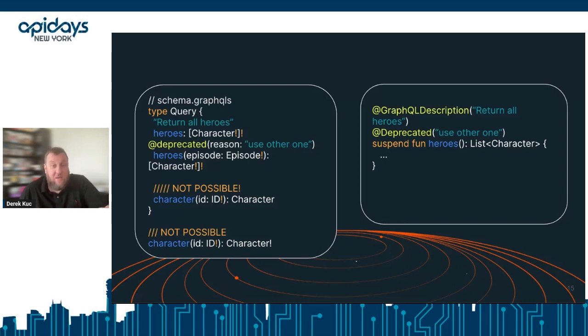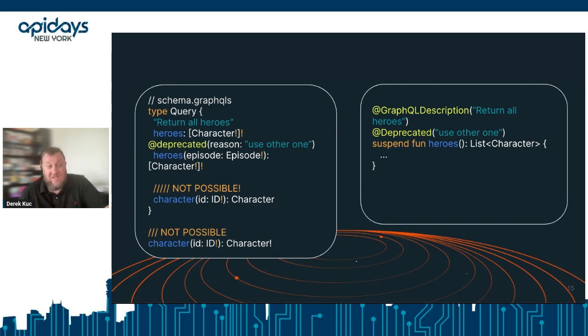On the left, on the schema, I also am using deprecated directive to indicate to the clients that this field should not be used anymore. This is an example of how you use a directive. And on the Kotlin side, again, we're just using annotations to add that information to the schema. It's right next to the code.